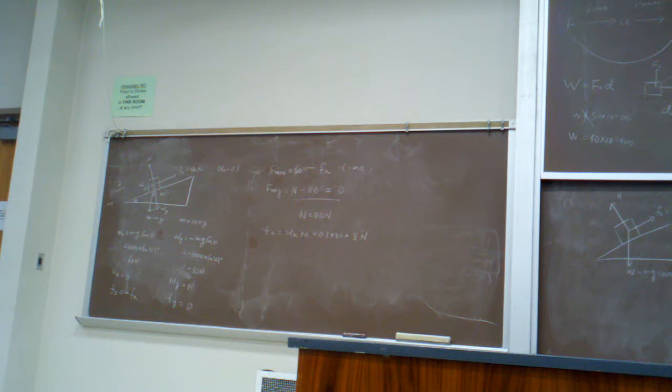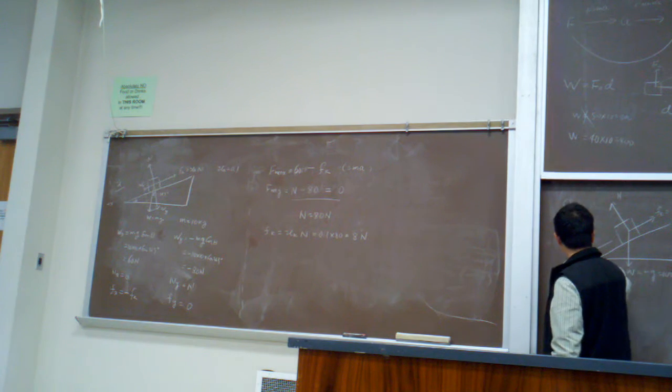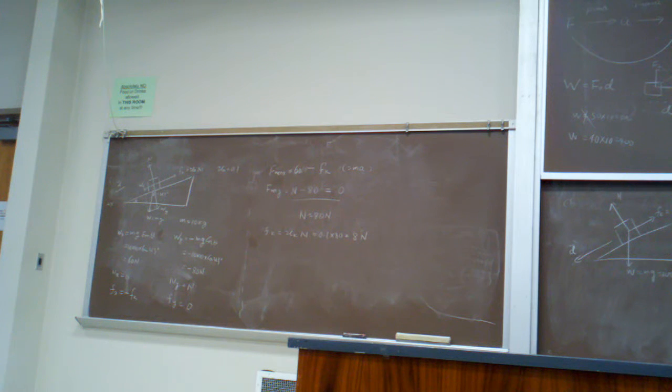What is Wn? 0, again, right? Because it's perpendicular to the direction of the motion. This is the direction of the motion, so it must be 0. What is the work done by the frictional force? In fact, I can directly write it as negative Fk multiplied by d.